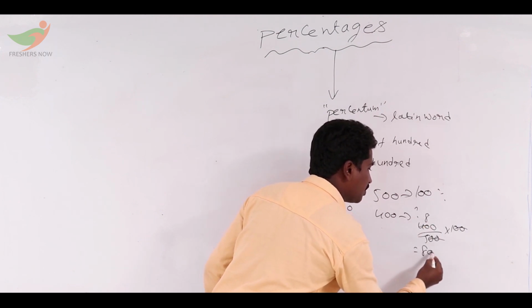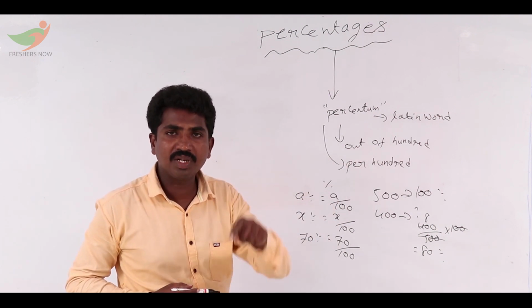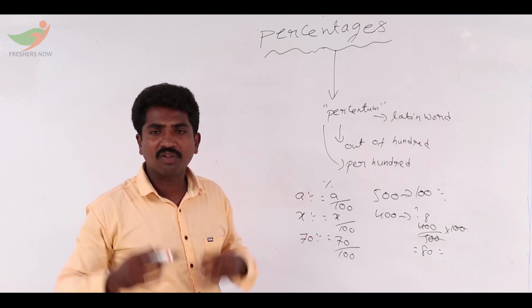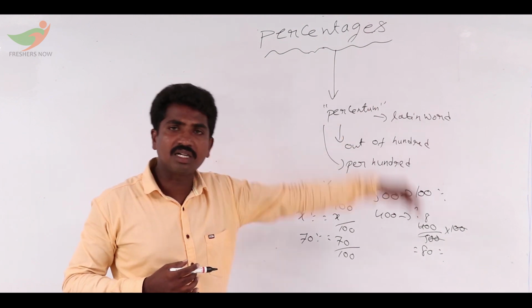So he got 80%. There is a possibility to get 100% or less than 100% only. There is no possibility to get 110, 120, 130 like that. We always take the maximum marks as 100%.